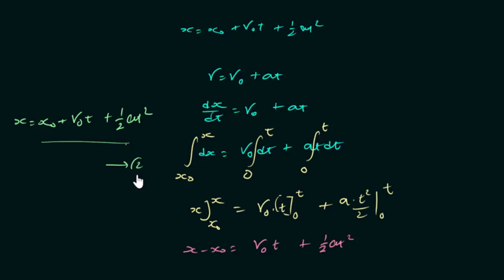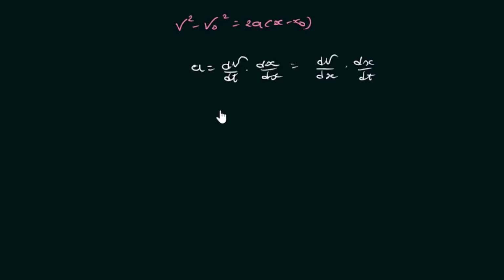Now let us derive our third equation, which is v square minus v naught square equals 2a times (x minus x naught). We have acceleration equals dv by dt, and this is dv by dx into dx by dt. The dx by dt is v, so acceleration equals v into dv by dx. Now I can write this equation as v dv equals a dx.